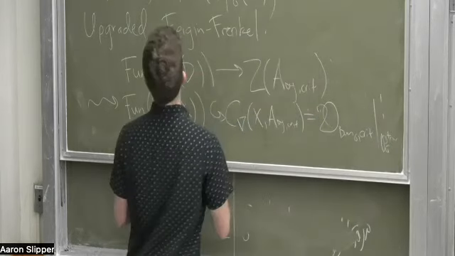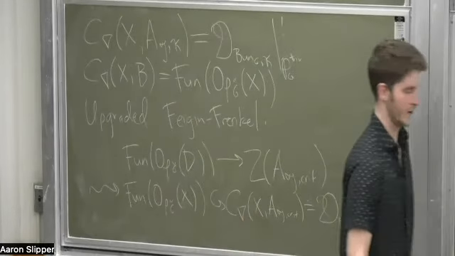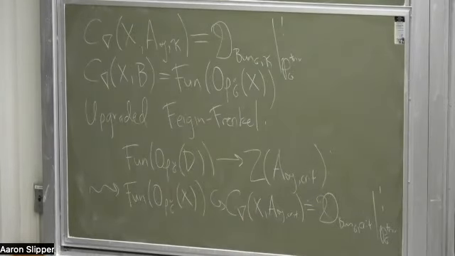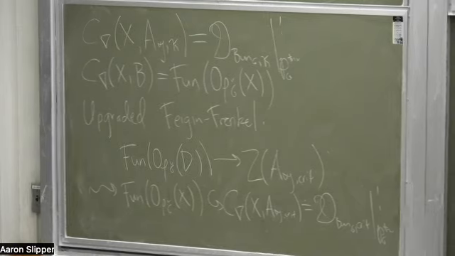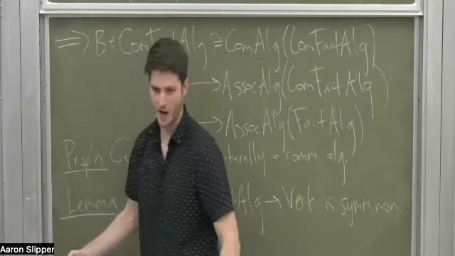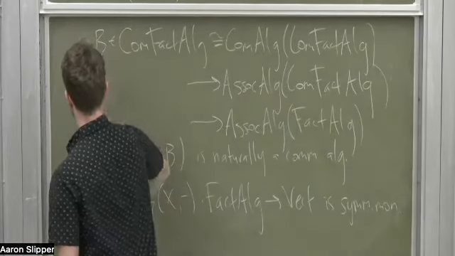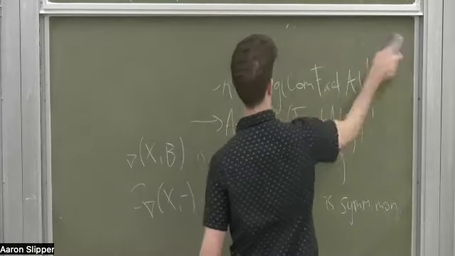So this is not quite what we wanted. There's two things that we still need to do. One is to go from an action just on the fiber at the trivial G bundle to an action on the entire object. And then the other is compatibility with Satake.